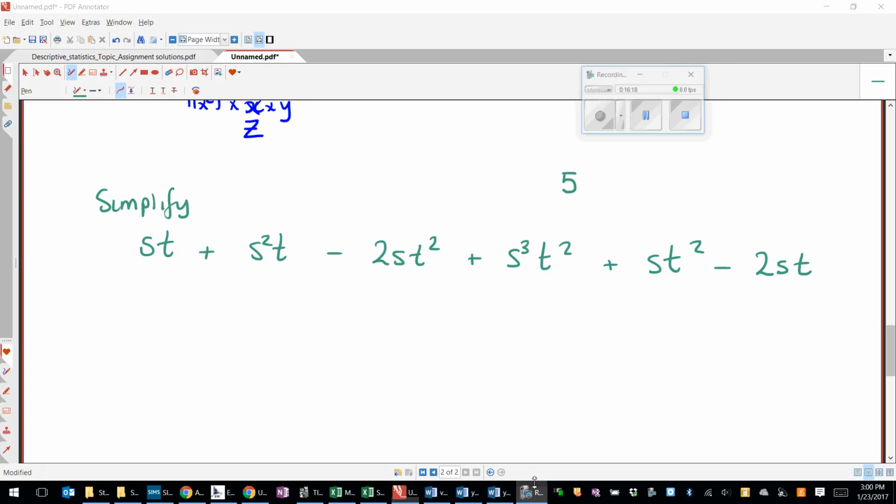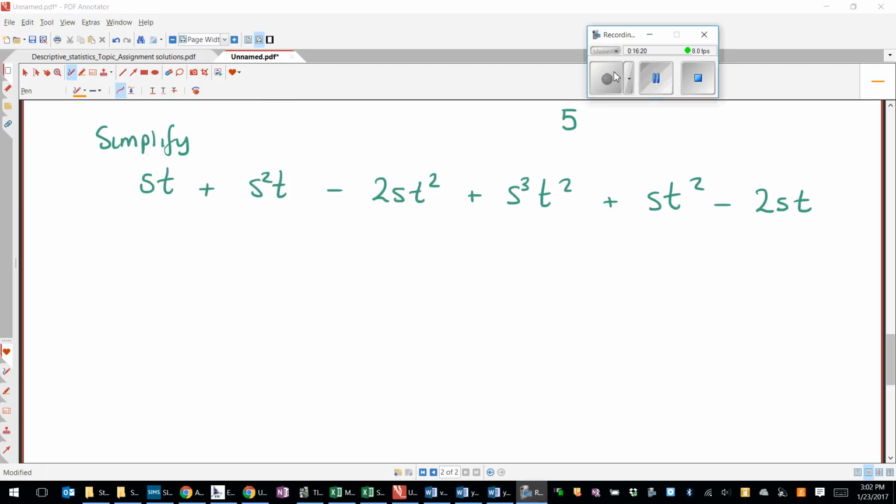Right, what I would say is, if you're confused at all, what happens if you put numbers in? So, for instance, pick easy ones, like s is 2 and t is 3. Careful with 1, because 1 squared, 1 cubed, it's all the same, so it doesn't help you.